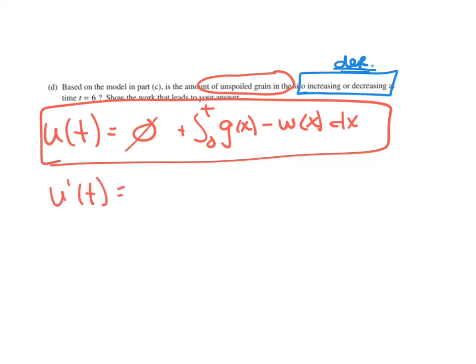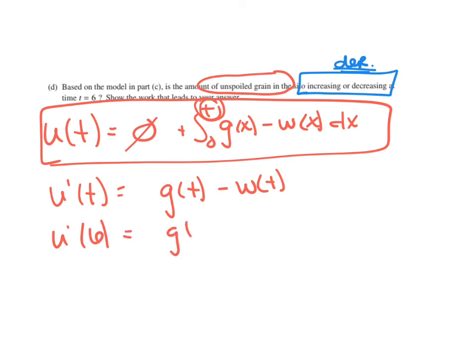0 is gone. The Second Fundamental Theorem takes this upper bound and substitutes that in, times 1, minus w of t times 1. I'm saying times 1 from the derivative of the upper bound. And I'm just going to evaluate that at 6. Again, it's calculator active, so I'm just carefully typing that in my calculator.